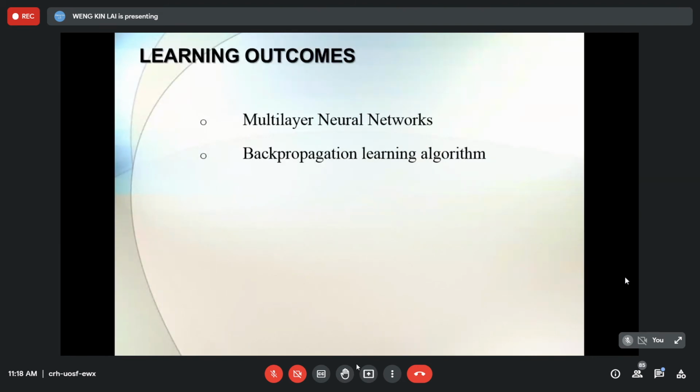What do you expect to learn from this particular topic? We will learn about the multi-layered neural networks. Then we will spend some time to actually understand and learn how to use the back propagation learning algorithm.